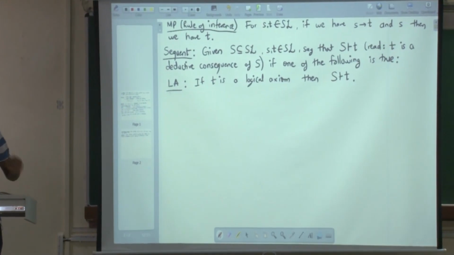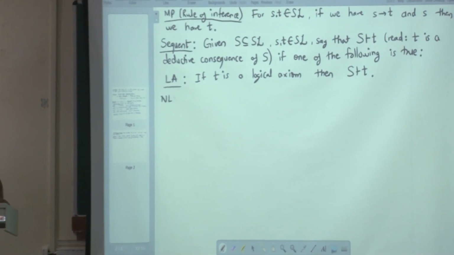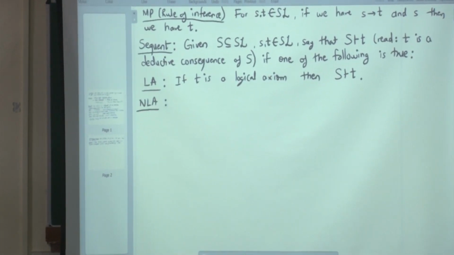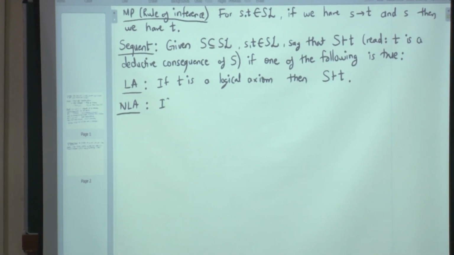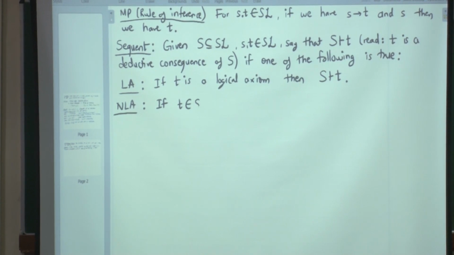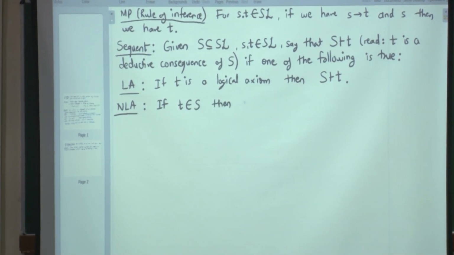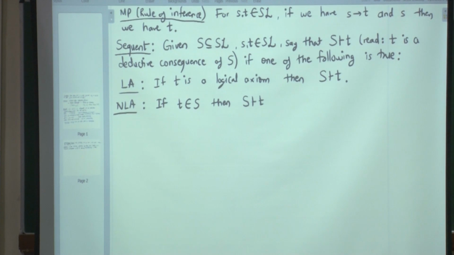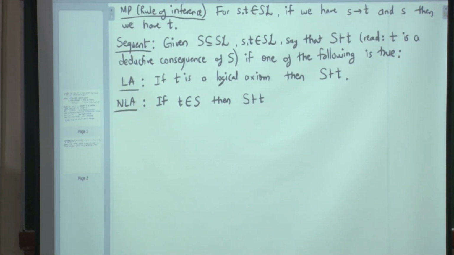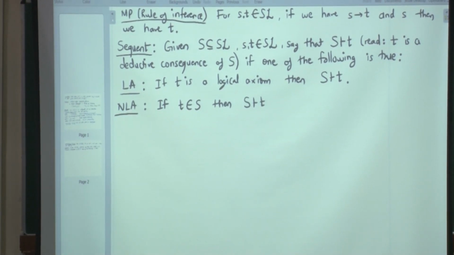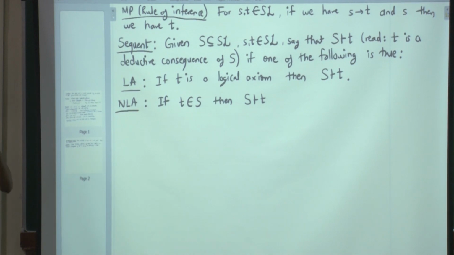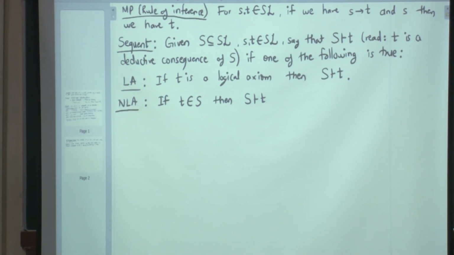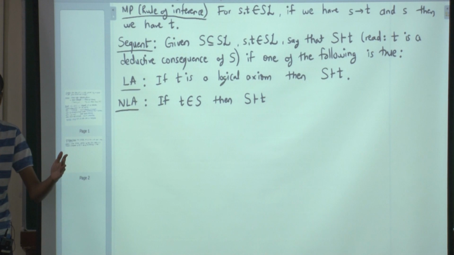Then the second one is non-logical axiom. NLA is a non-logical axiom. So if T belongs to S, then T is a deductive consequence of S. So basically this is a single turnstile symbol. Whatever happens on the left, we should affirm that.